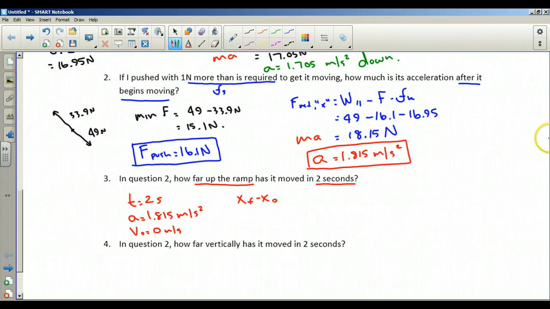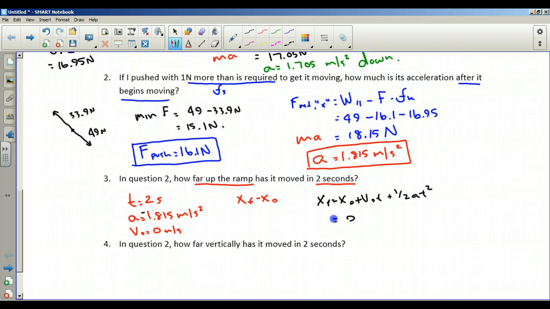And so the equation we're going to want to end up using is, I guess our acceleration should be negative 1.815. X final equals x initial plus v naught t plus 1/2 a t squared.